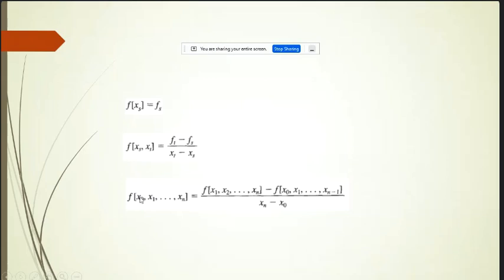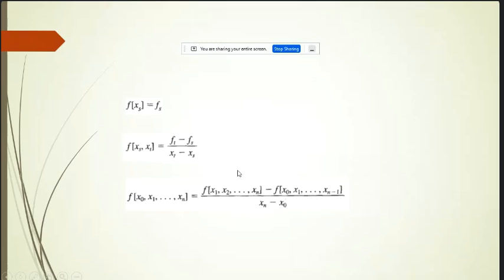And in general, the divided difference between n plus 1 points, x0, x1, to xn, equals the divided difference of the second group, x1, x2, to xn, minus the divided difference of the first group, x0, x1, to xn minus 1, divided by xn minus x0, the last x minus the initial x.